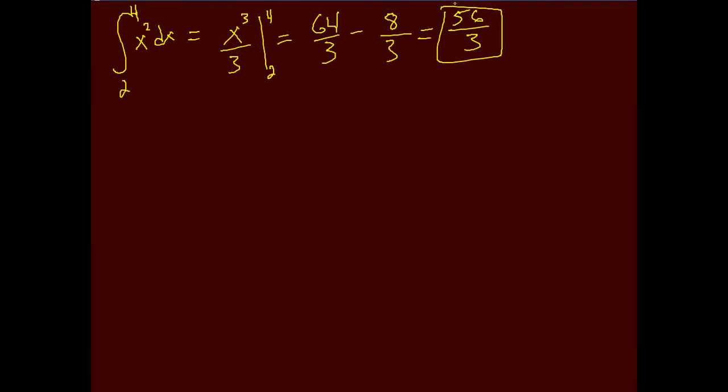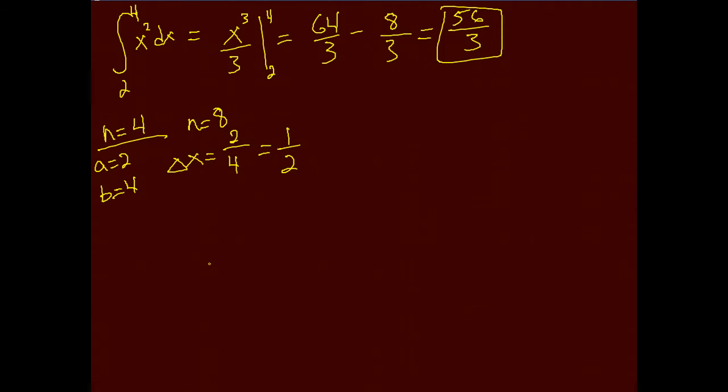Now let's use our midpoint approximation to see how accurate it is. What type of error do we have? And let's do it for 2 situations. Let's look at when n is equal to 4 and when n is equal to 8. So let's first start with n equal to 4. Well, if n is equal to 4, we know that a is equal to 2, b is equal to 4, so that means delta x is equal to 2 over 4, or in other words, 1/2.